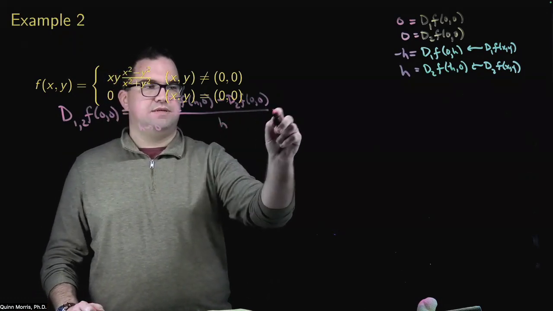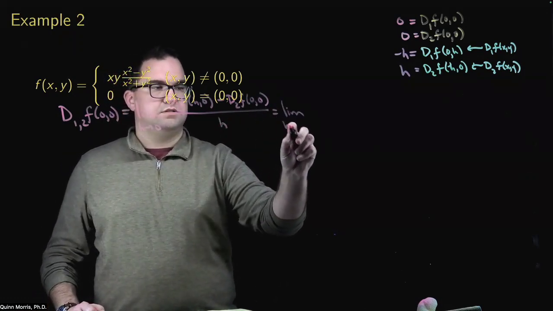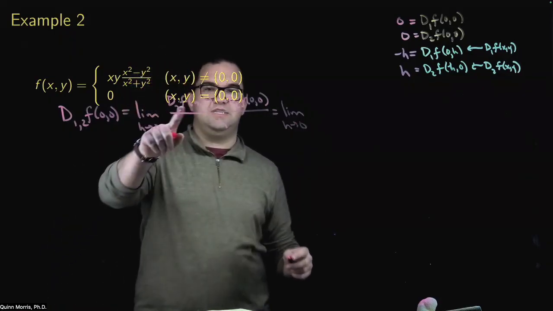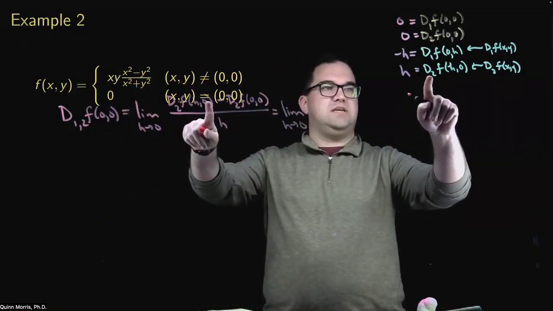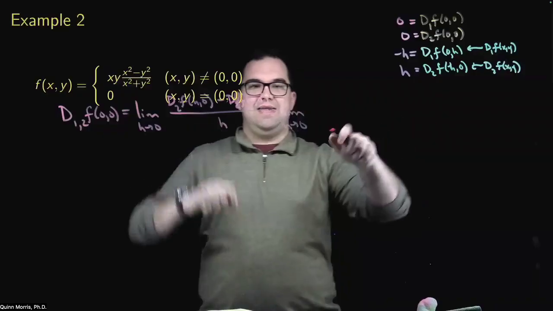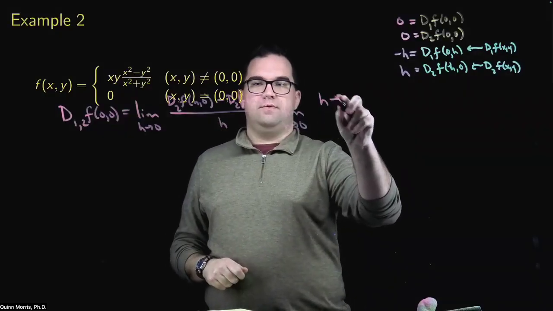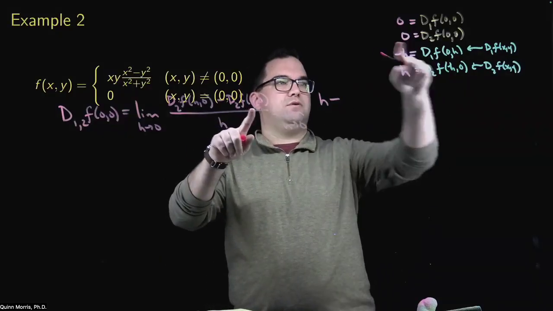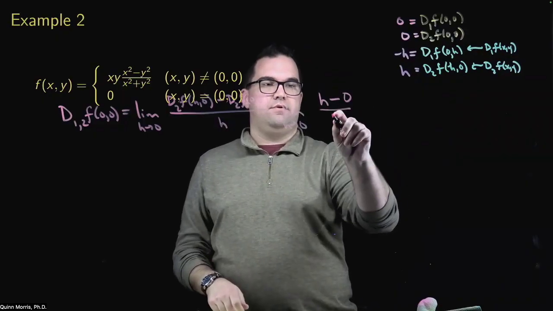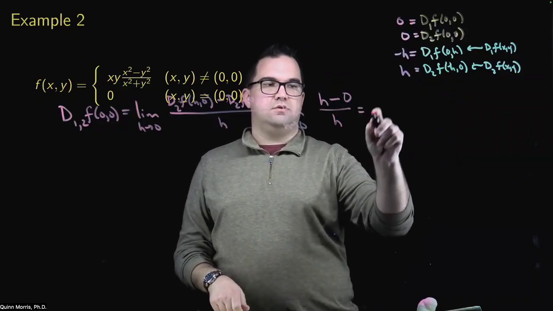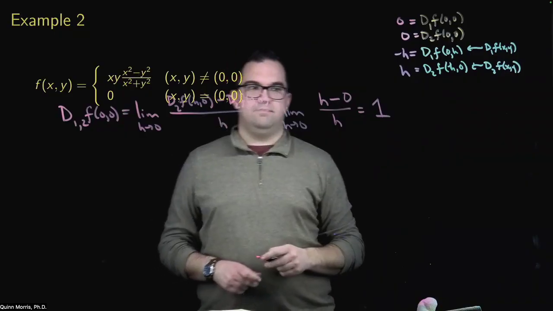Well, now we know what these pieces are. This is the limit as h goes to 0 of d2 f of h, 0, that's just h, minus d2 f of 0, 0, that's just 0, over h. Well, this is just 1.